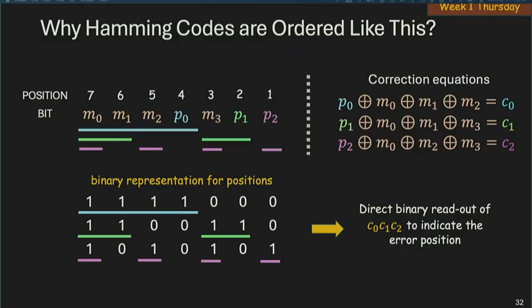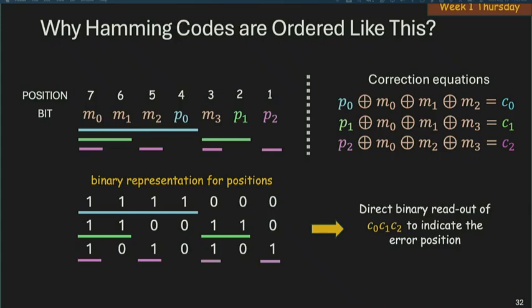Similarly, M2, that is position 5, is represented as 101 in binary. So I want my C0 and C2 to be impacted by an error at M2, and therefore M2 appears in both the top and bottom equations. And you remember in the workbook, you tried to build an XS3 correction code where you just essentially put down the XS3 representation for each position and then develop the correction equations accordingly.